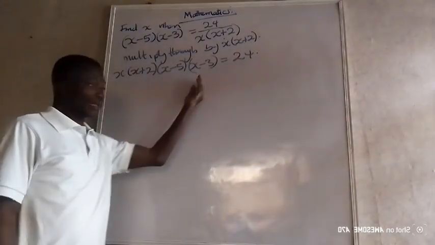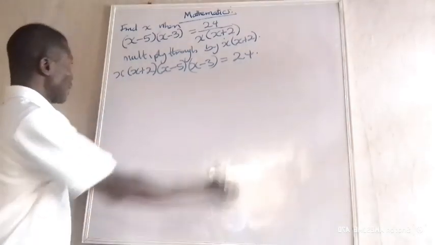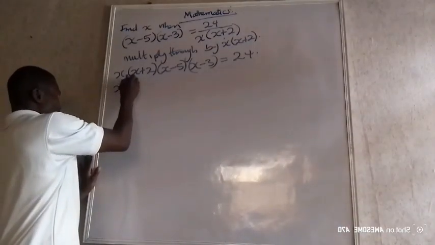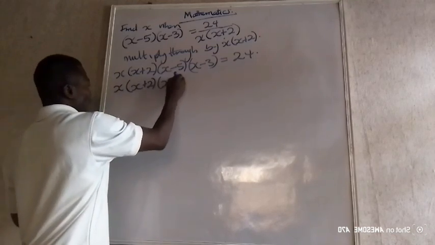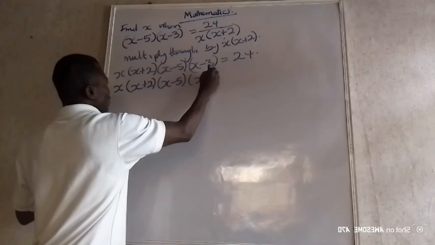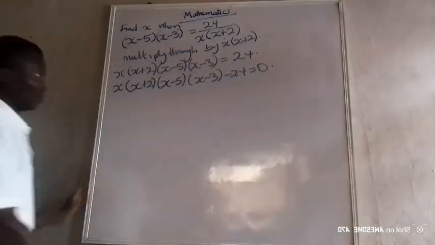I can bring this one to this side, so that it will be easy for me to work: x(x plus 2)(x minus 5)(x minus 3) minus 24 equals 0.